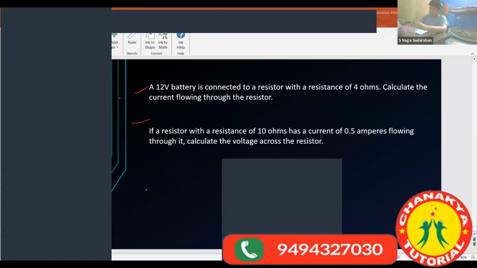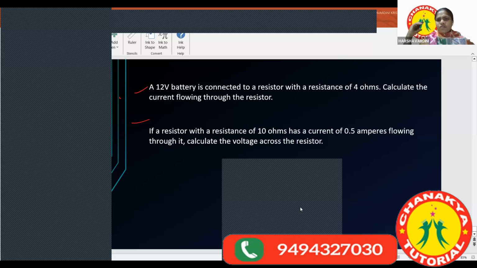I is equal to Q by T. Sudarshan, mute. No, Gelda, it's wrong. Aishwarya, your first one is wrong and the second one is also wrong.